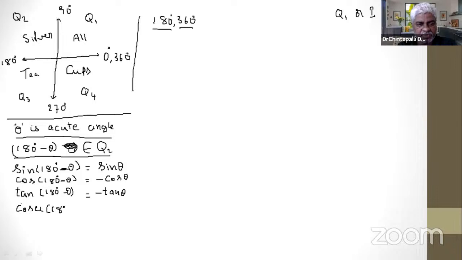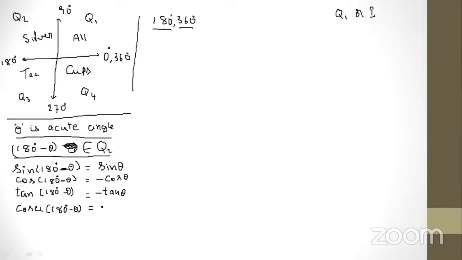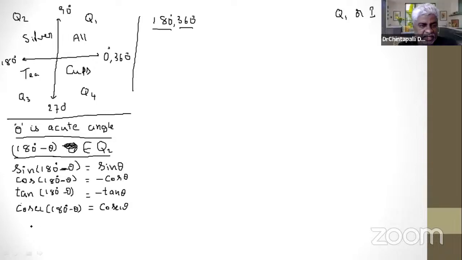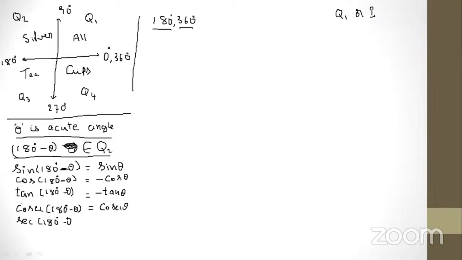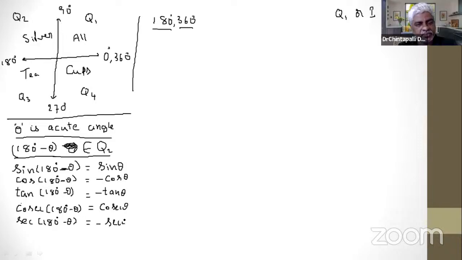Cosec of 180 degrees minus theta: since sine of 180 degrees minus theta is sine theta, it is cosec theta. Very good. What about sec of 180 degrees minus theta? Negative sec theta. Very good. What is cot of 180 degrees minus theta? Negative cot theta.